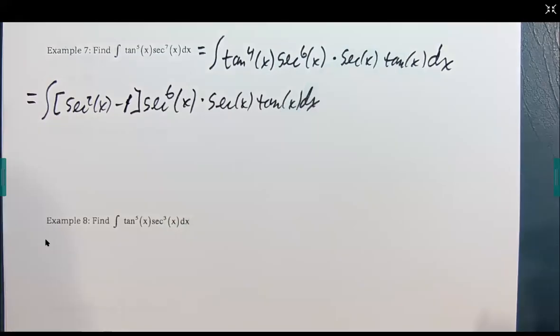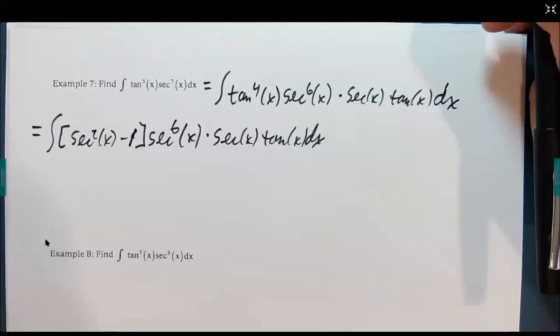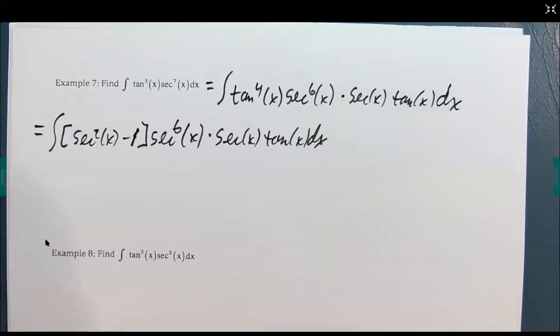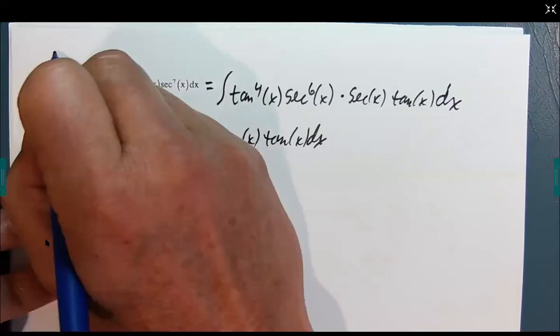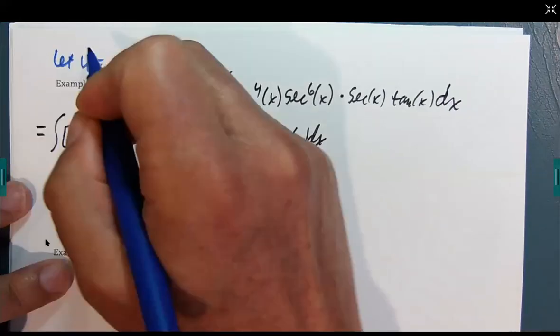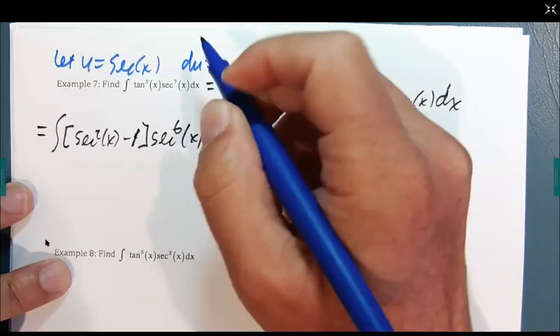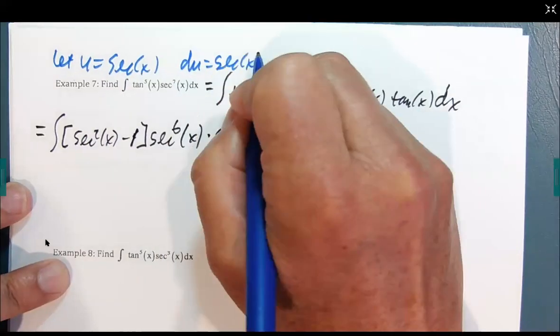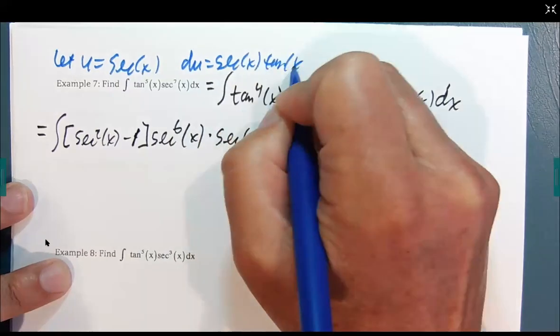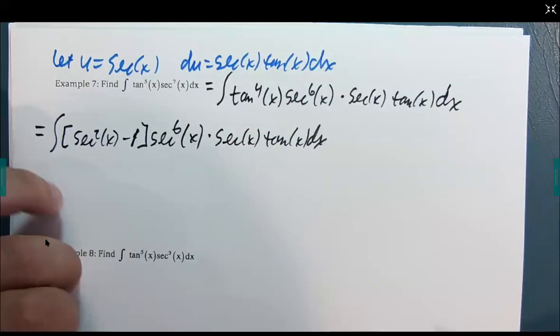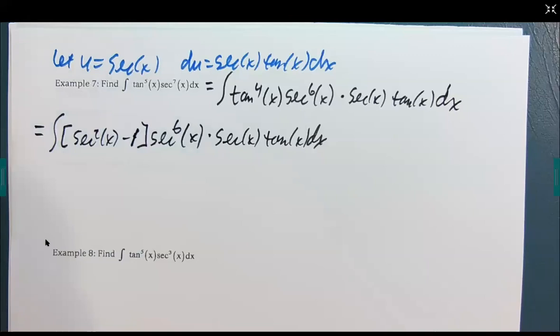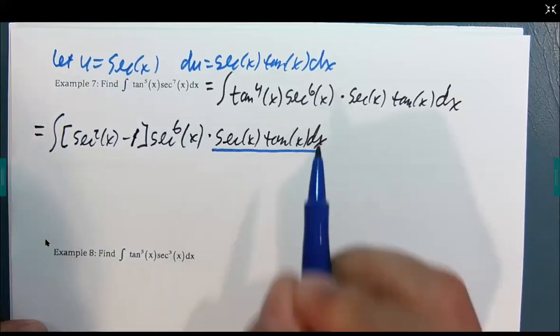dx. And what I can do, now that I have everything in terms of secant, I can let u equal secant x, and du becomes secant x tangent x dx. And if you want to put the tangent first, it doesn't matter. It's the same thing. And there we have the derivative right there.